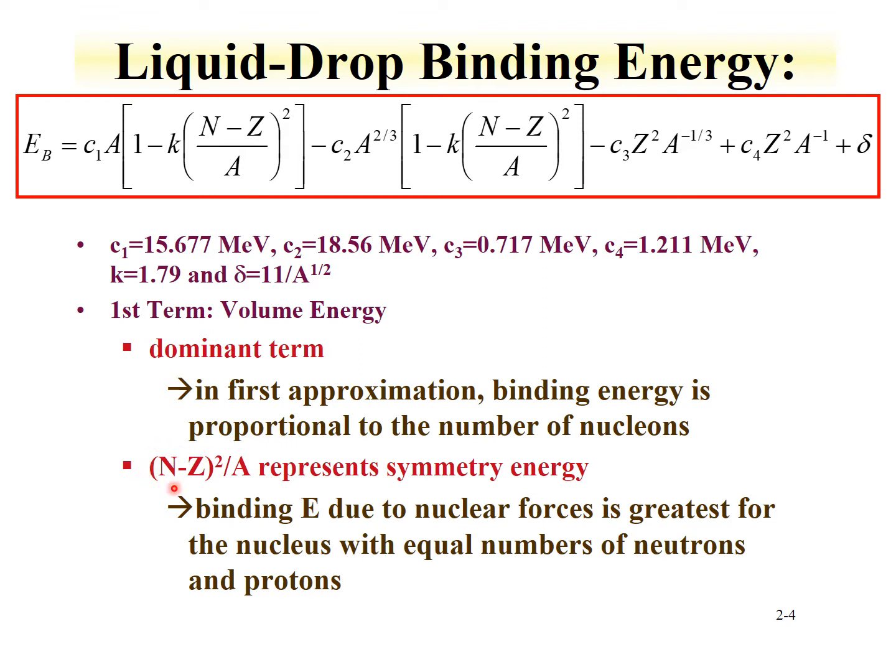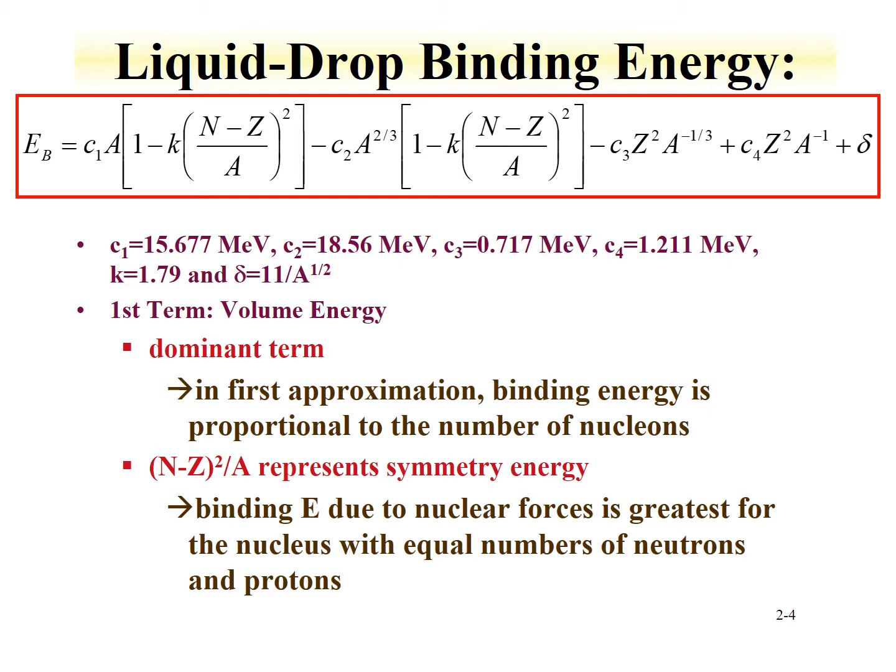This term here, (N − Z)² divided by A, represents a symmetry energy term. The binding due to nuclear forces is greatest for a nucleus with an equal number of neutrons and protons. It's kind of a pairing aspect, the pairing of neutrons and protons.